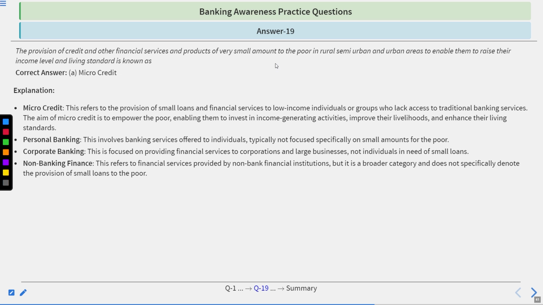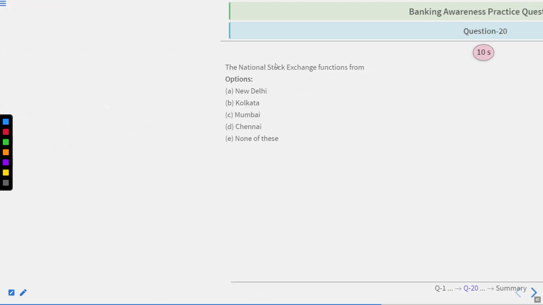Corporate banking focuses on providing financial services to corporations and large businesses, not individuals in need of small loans. Non-banking finance refers to the financial services provided by NBFIs, but it is a broader category and does not specifically denote the provision of small loans to the poor.